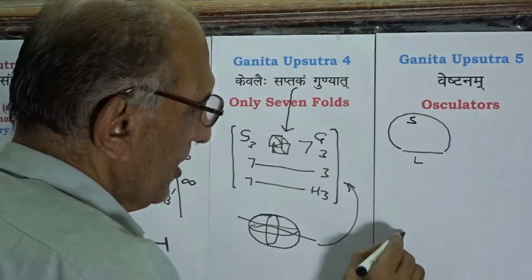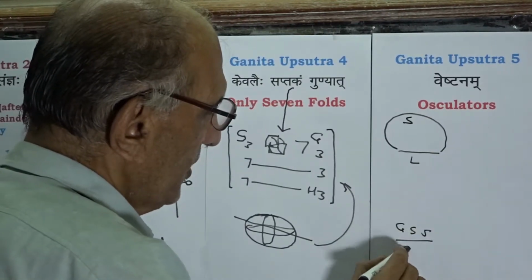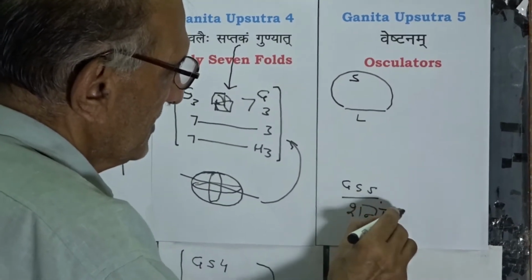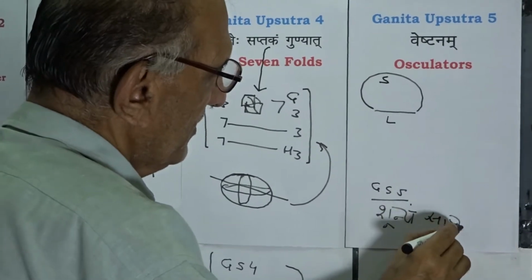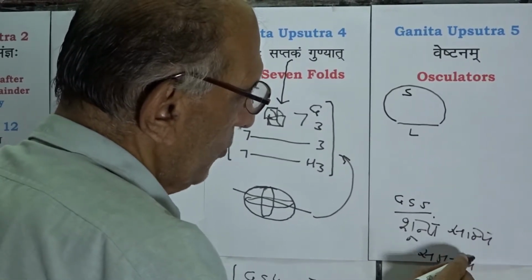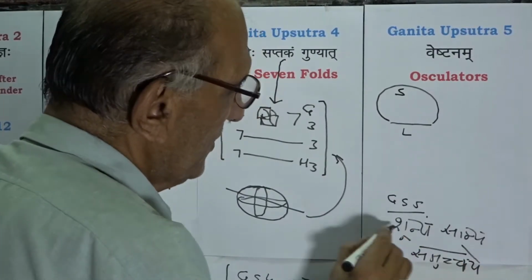And the Ganita Sutra 5 is giving us Shunyam. Samya means parallel. Samuccaya means having equal upward rise. These are the features.